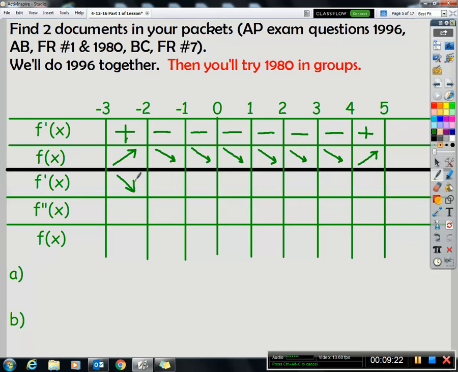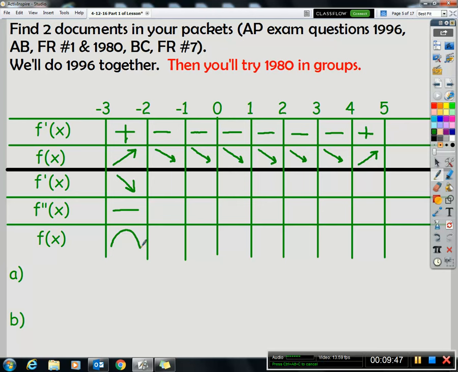That means its derivative is negative. You might say, why are you doing that? Because remember, if the second derivative is negative, the top level function is concave down. So I'm trying to move from the derivative in my thinking to the second derivative so that I can move from the second derivative to the shape of the first function.